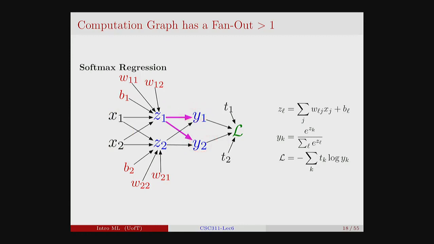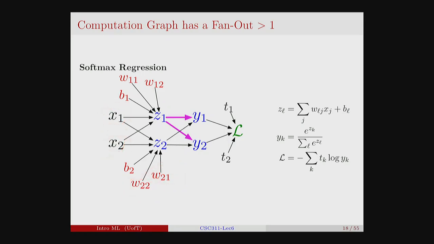To do that, we would first calculate z1, which is a function of x1, x2, dot producted with the vector w with an added bias. We're going to compute z2, which is obtained by multiplying x1 with w21, x2 with w22, and adding a bias.